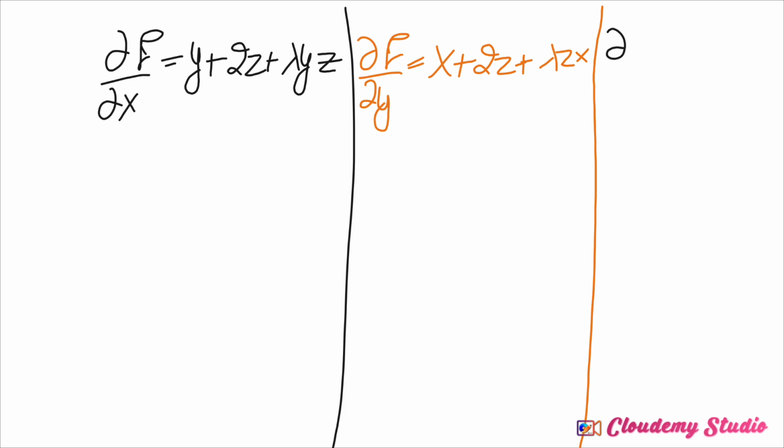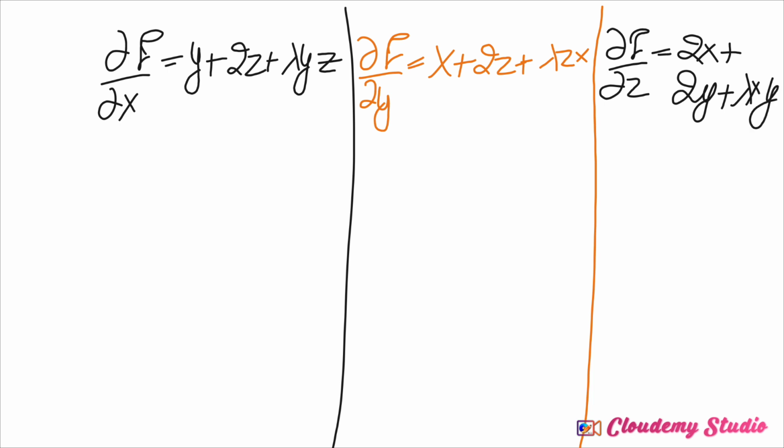And here will come del f over del z. This will be 2x plus 2y plus lambda xy.